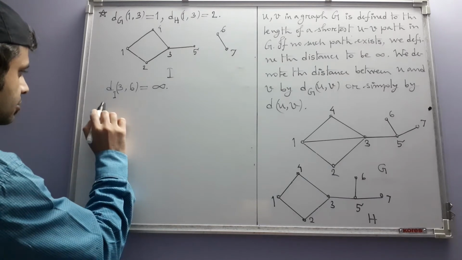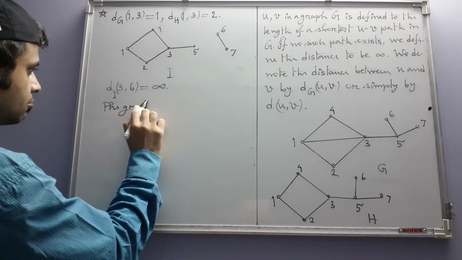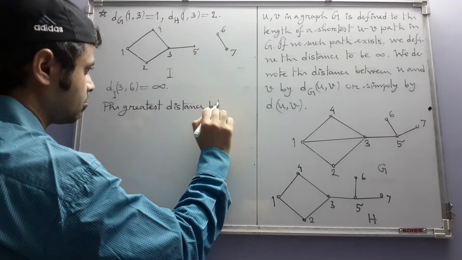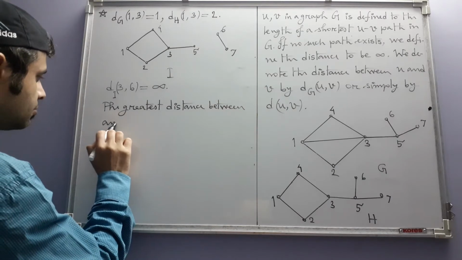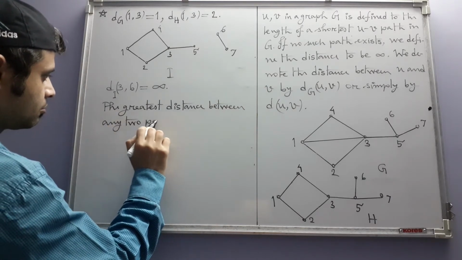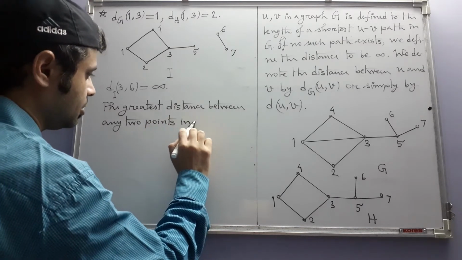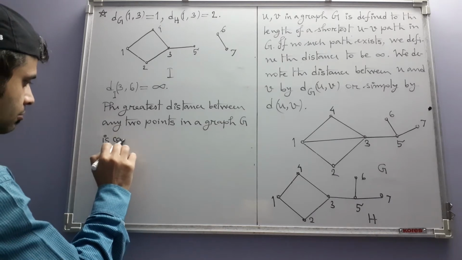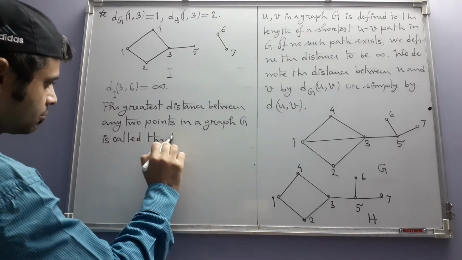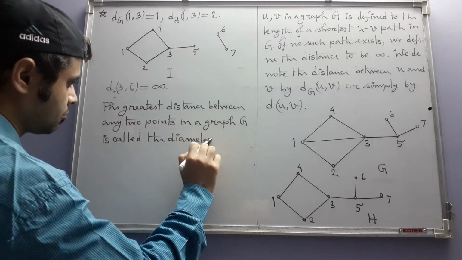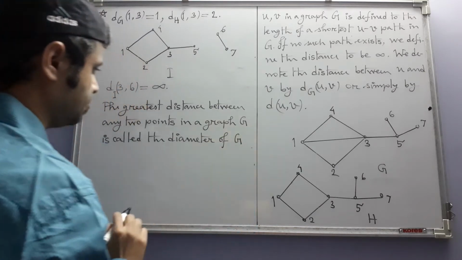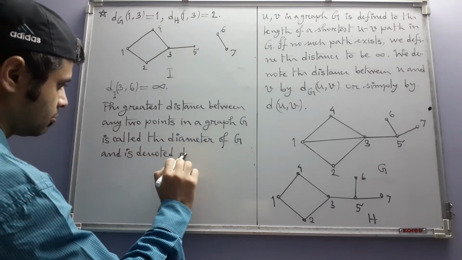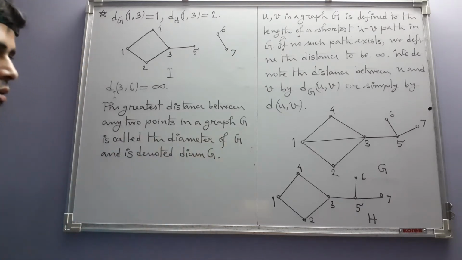The greatest distance between any 2 points in a graph G is called the diameter of G and is denoted like this.